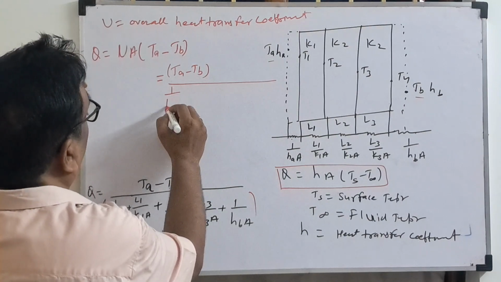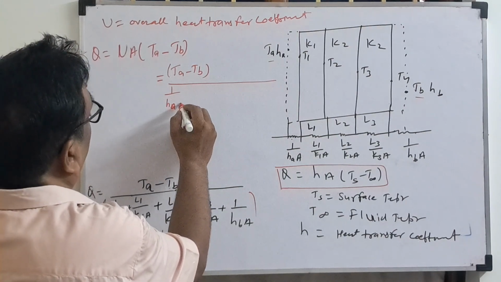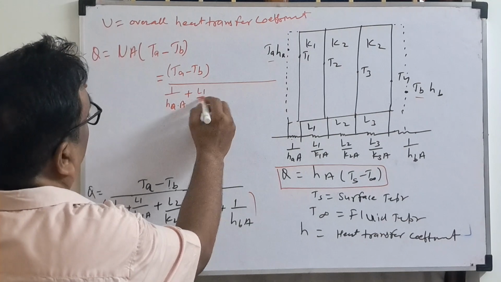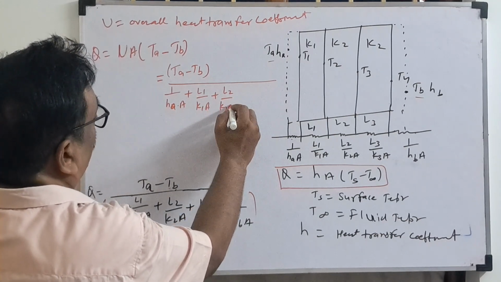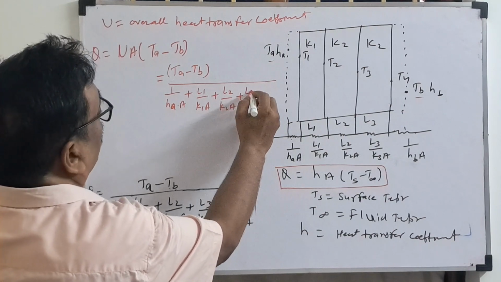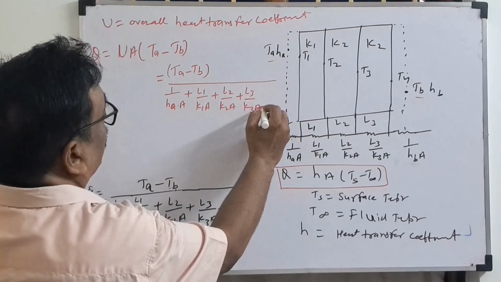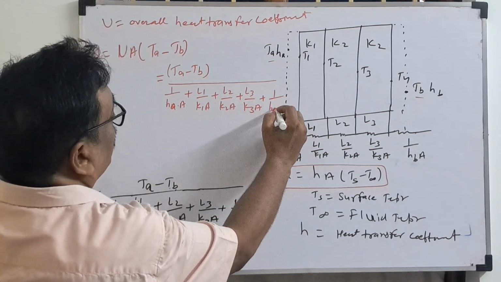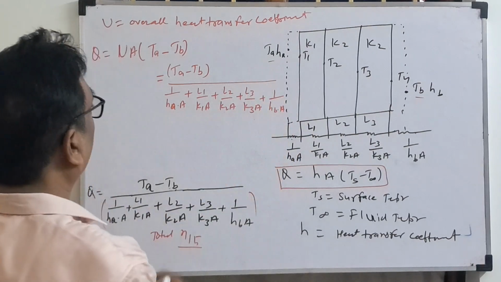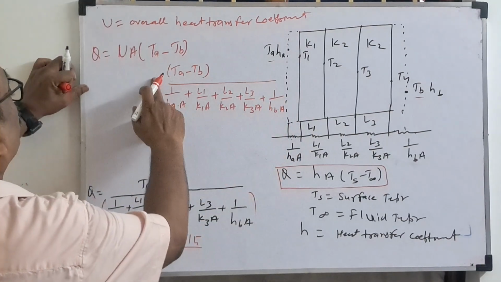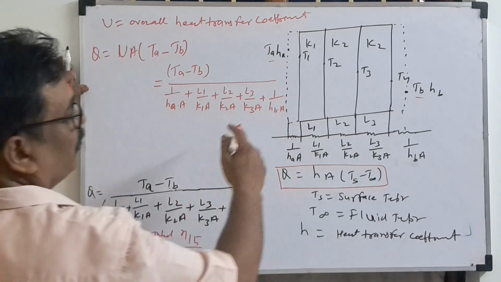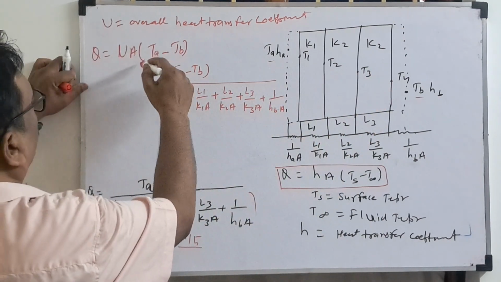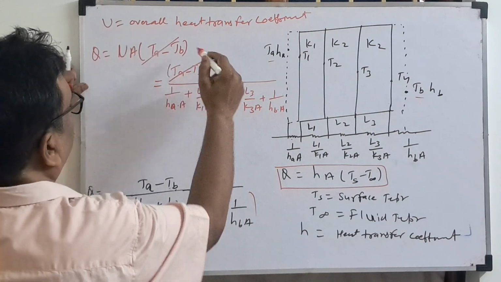It is 1 by hA into A plus L1 by K1A plus L2 by K2A plus L3 by K3A plus 1 by hB into A. How do we get the overall coefficient? Both are Q, so the heat flow rate will be the same, so this and this get cancelled.